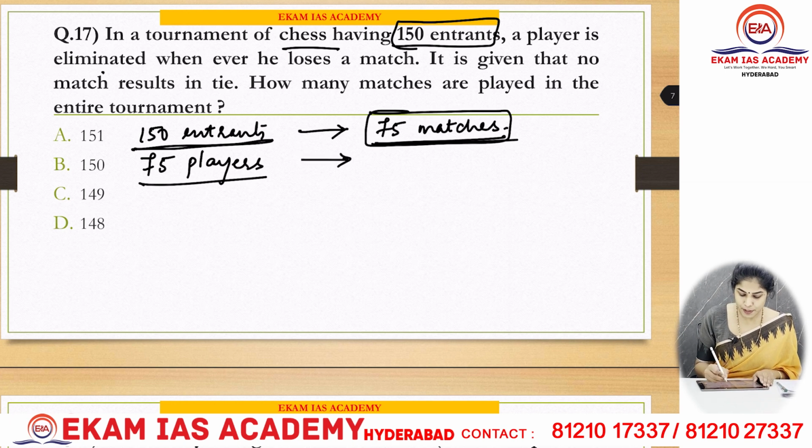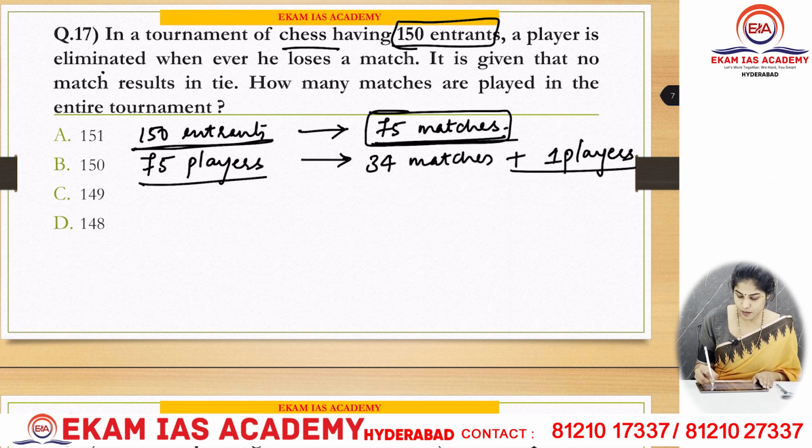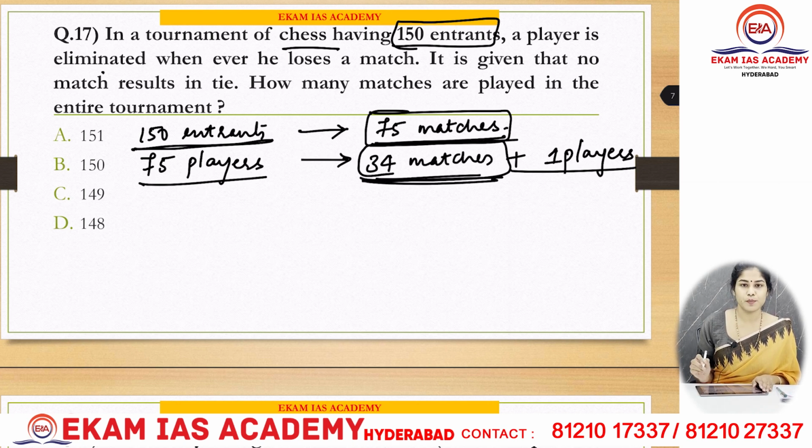75 players will play 37 matches and 1 player is left, right? In these 37 matches, 37 players would be eliminated.